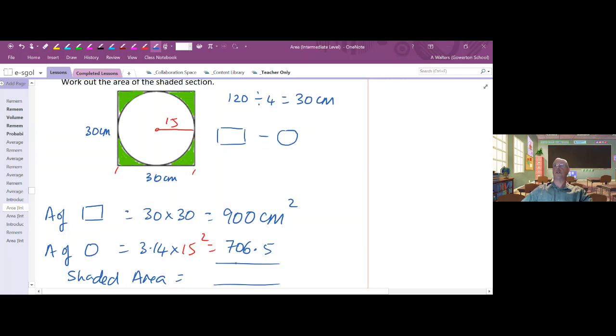Take away the circle. So let's show a big takeaway sign there. Write it on a line, separate line below if you wish, but when I take that away, I've ended up with 193.5, and it's centimeters squared.